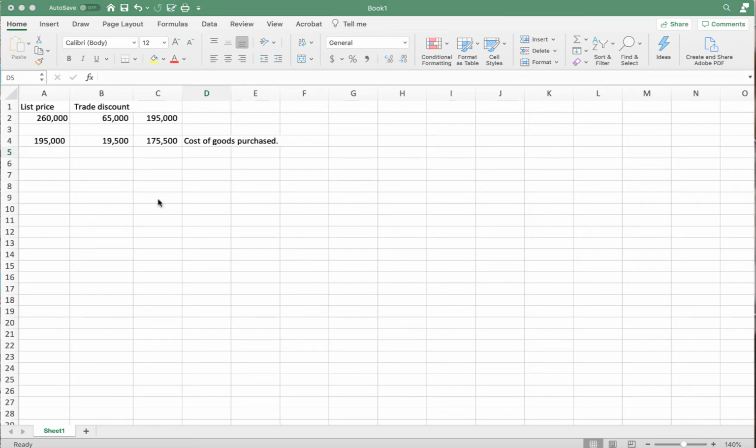Now let's look at number two. Number two says Pine Company's inventory of $1,761,000 at December 31st, 2020 was based on a physical count of goods priced at cost and before any year-end adjustments related to the following items.